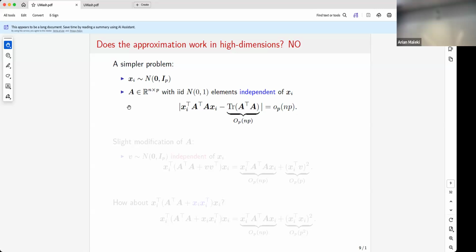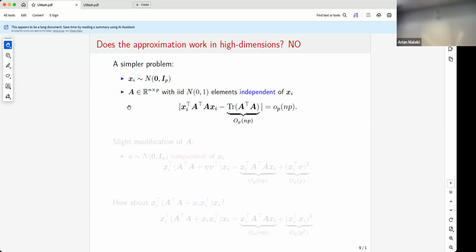We can either use the Chebyshev inequality to prove this, or if you want something more interesting, the Hanson-Wright inequality is going to give us this analysis. So essentially, this quantity is concentrating around the trace of A transpose A, and that is O(NP). The order, you'll see why it becomes important later.